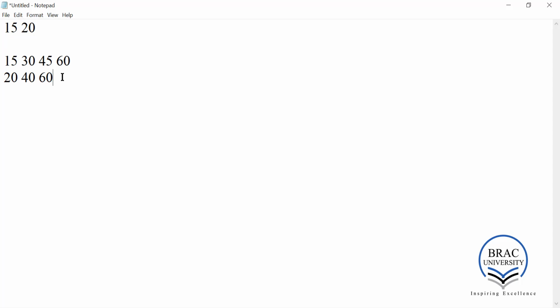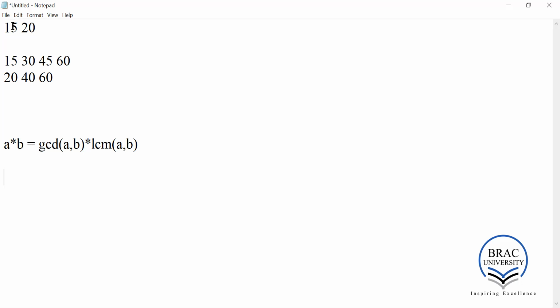So this is how the least common multiple is calculated. But I can follow an algorithm. If a number is called A and the number is called B, then I can just write A into B equals GCD of A comma B into LCM of A comma B. So how?